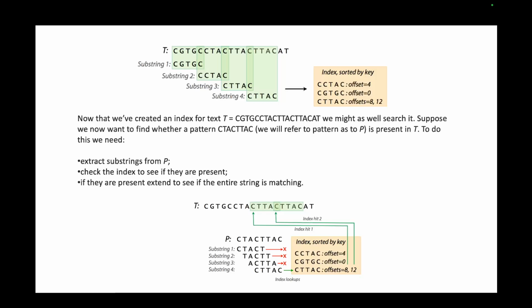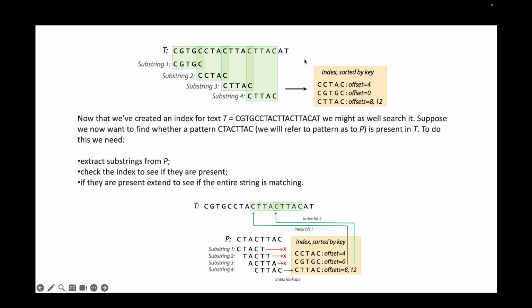the sequence. So for example, CGTGC, this is the substring that is present at position 0, which is offset 0. CCTAC is present in position 4. So one thing to note, the indexing is done with respect to the reference.